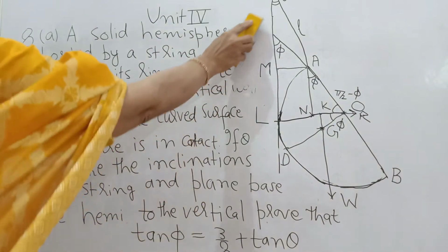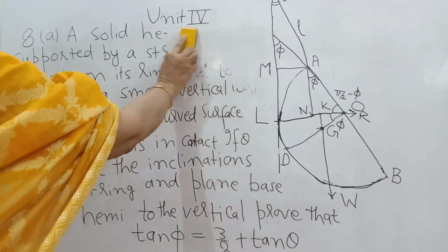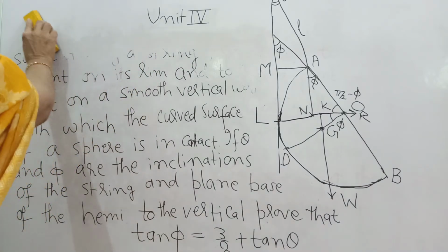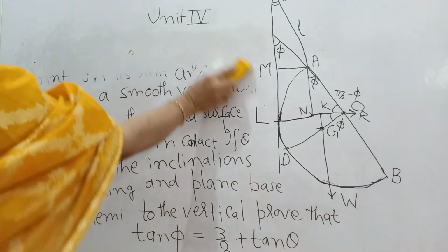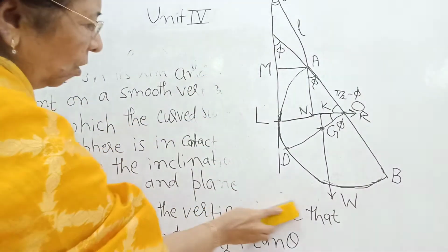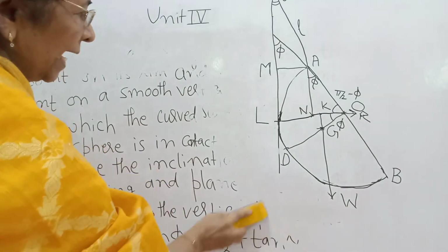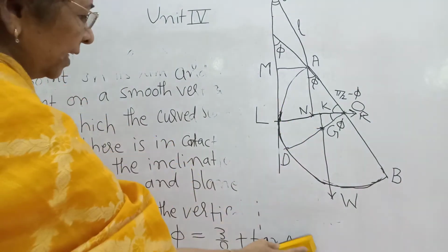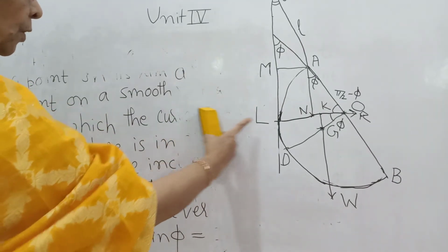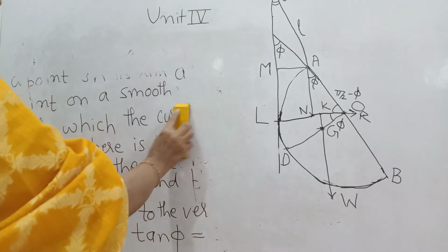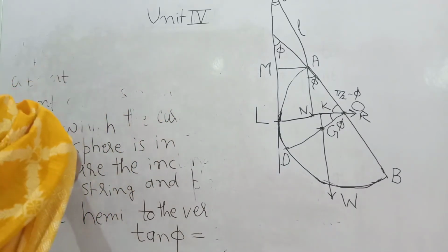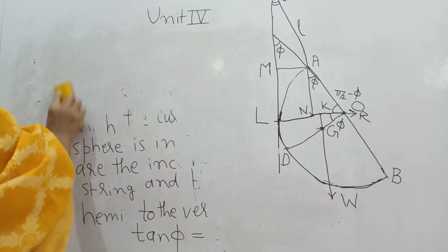Now, as you know, in this question there are exactly three forces acting on this system. The forces are weight, which is acting from the center of gravity of the hemispherical shell, acting at G. In the figure you can see. The next force, you have a point of contact. So on the point of contact, a normal reaction works, that is perpendicular to the surface.